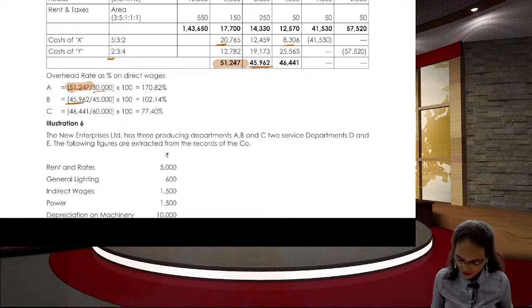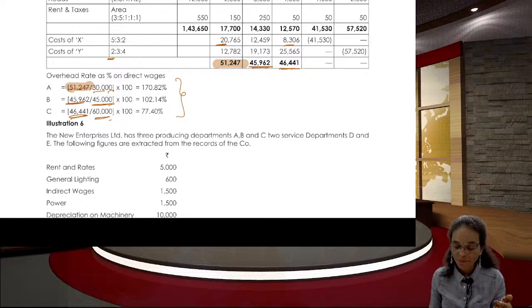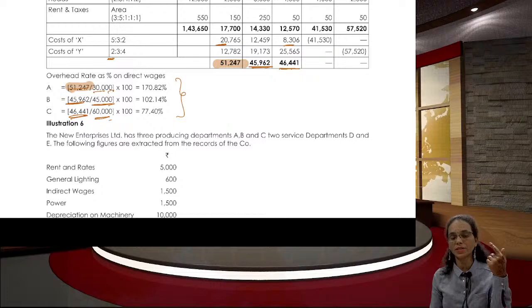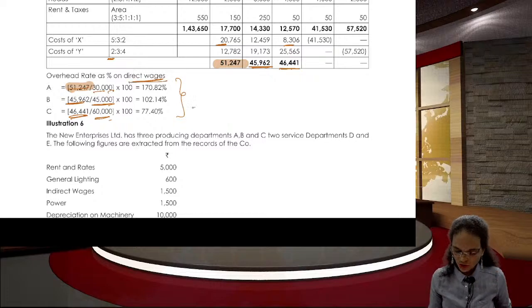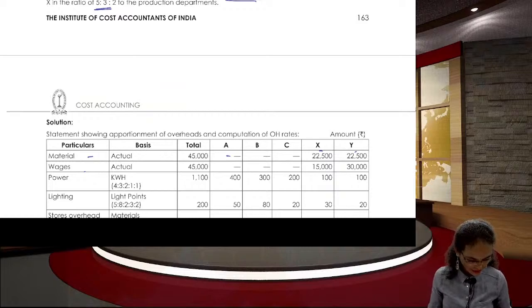Y expenditure by 45,000. Z expenditure by 60,000. Just now we have seen the direct wages are 30,000, 45,000 and 60,000. So these are the overhead rates as a percentage of direct wages. Guys, are you understanding? If you are understanding, please say yes or no, so that I'll move further.